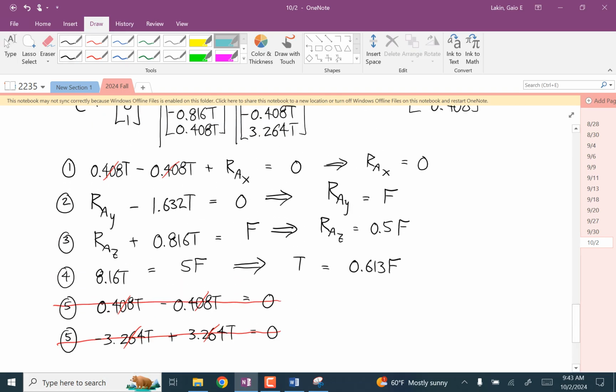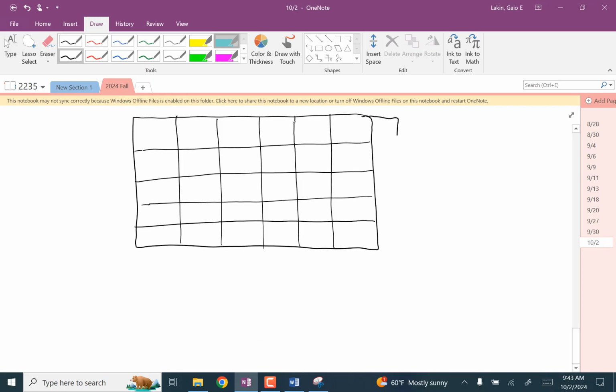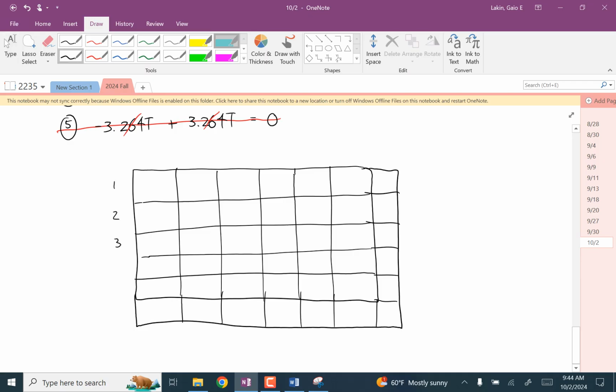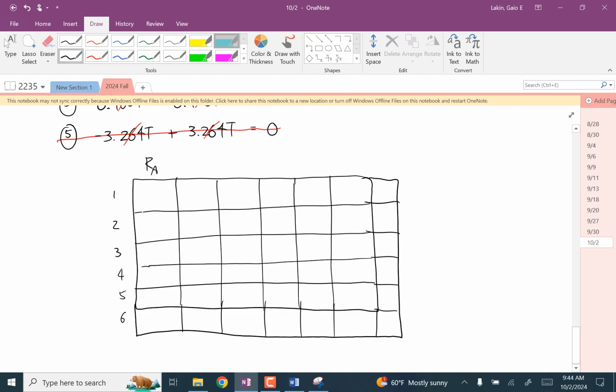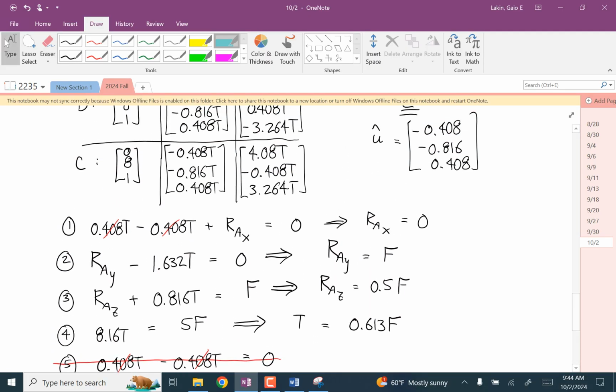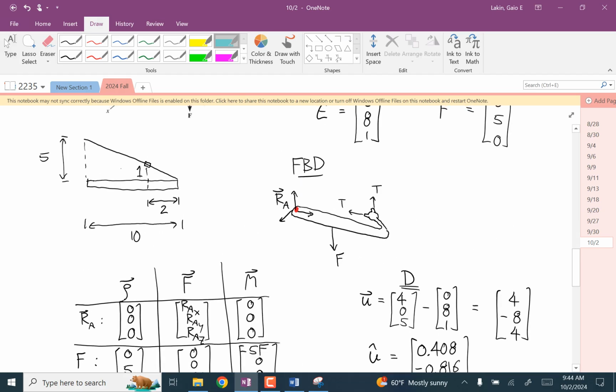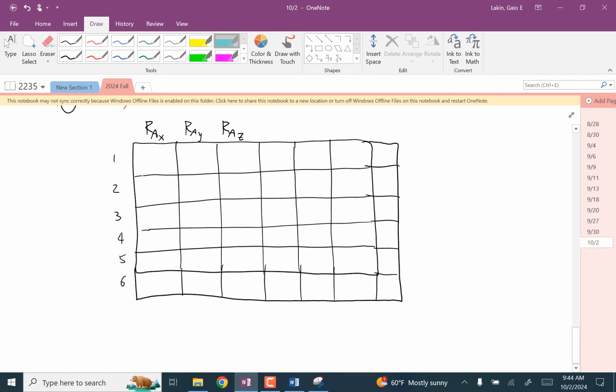Oh, I just did it for 5 equations. I guess let's do it for 6. Okay, so 1, 2, 3, 4, 5, 6. And we have RAX, RAY, RAZ. 1, 2, 3, 4, 5. No, we only have 5.